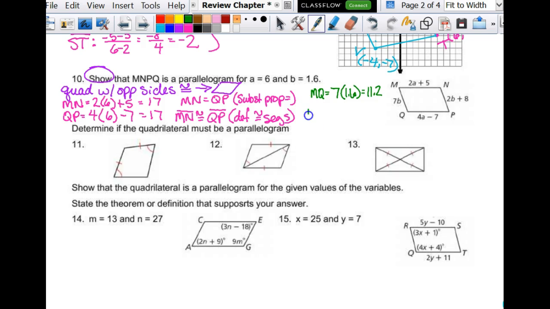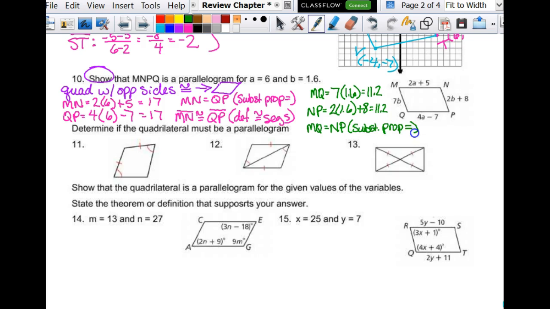And then NP is equal to 2 times 1.6 plus 8. So 2 times 16 is 32, so this is 3.2 plus 8, which is also 11.2. So I've shown that the length of MQ equals the length of NP. That's the substitution property of equality.